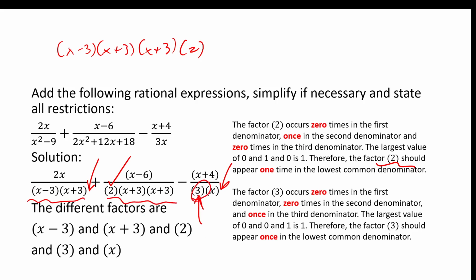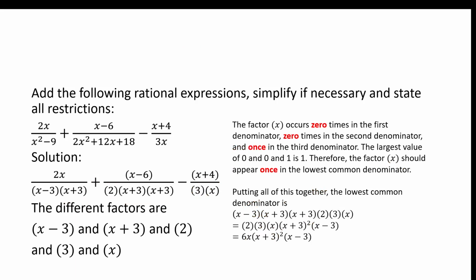But the third denominator contains one factor of 3. Now the largest value of 0 and 0 and 1 is 1. So therefore the factor 3 should appear one time in our lowest common denominator. So we put it down. Okay. And we're almost done our denominator analysis. What I'll do first is I'll just put what we have so far as our LCD.